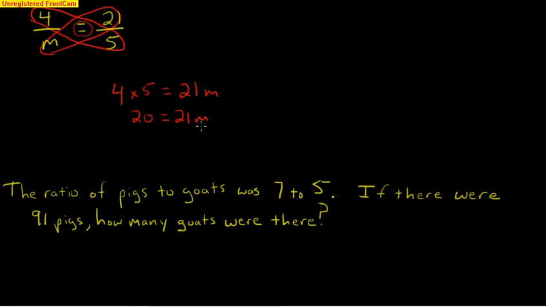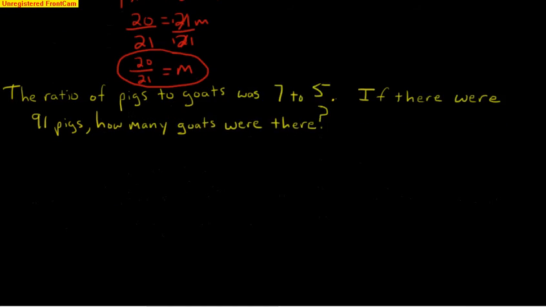What are we doing to poor little m? Multiplying m by 21. How do we undo that? Divide m by 21. What we do to one side, we have to do to the other to keep it an equation. These reduce to 1. 1 times m is m. m equals 20 over 21. So this is not as clean as the other one where we just had a nice whole number, but that is the correct answer.